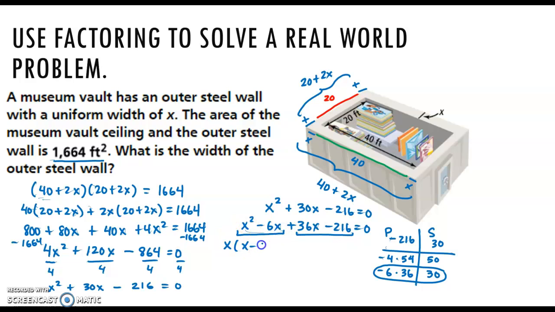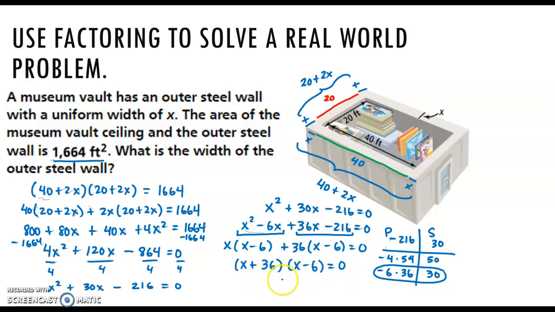I have x minus 6. These both have a 36 in them, so I can take a 36 out. I have x minus 6. And then I can rewrite that by undoing distributive again, so I have x plus 36 times x minus 6 equals 0. Now I'm ready for the zero product property.